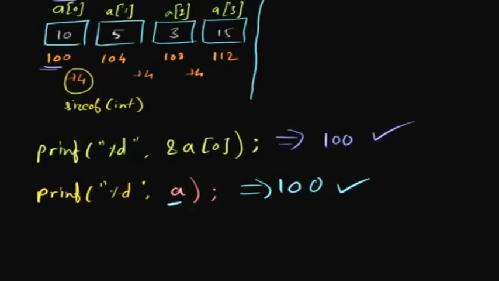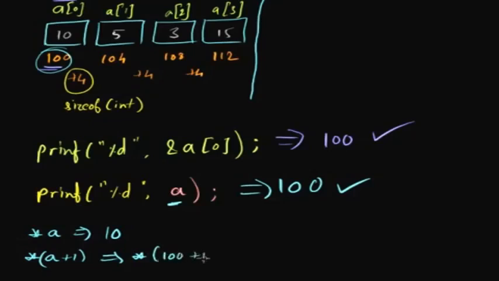Now some more interesting stuff here. What if I do star of a, value of a? Now a gives me the base address. Base address is 100 and the value at 100 is 10. Right. What if I do star of (a plus 1) within parentheses? So a gives the base address, and plus 1 is added to it.